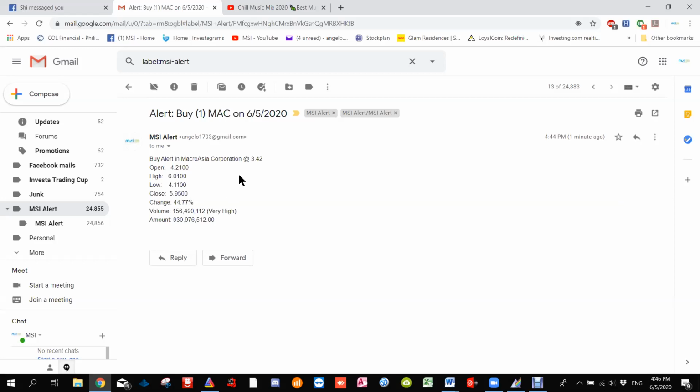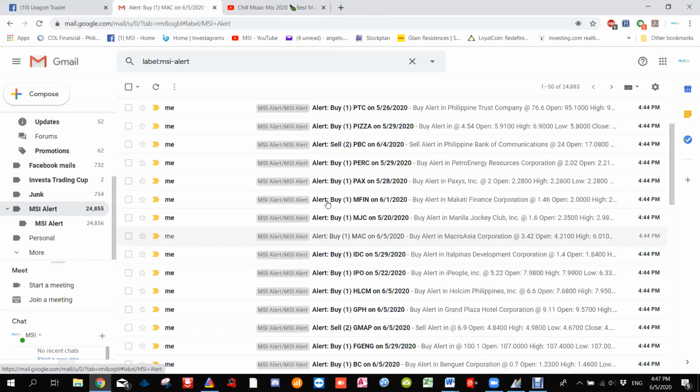So most probably, sana, kung naka-online kanina at na-receive nyo to, nakasama kayo sa 44% na price movement niya. Okay, so that's the sample MSI email alert. Available yan sa lahat, guys. You just have to set it up.